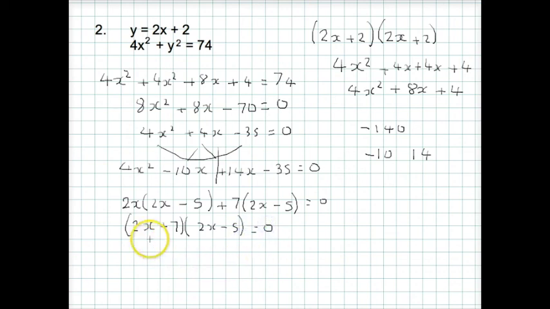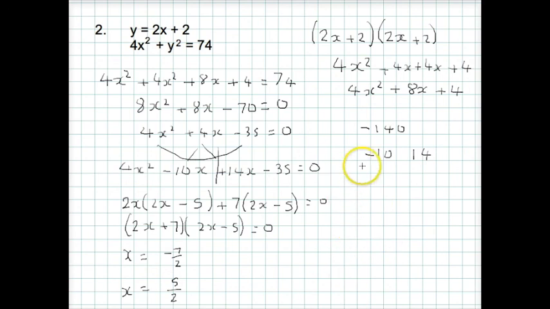If we solve those, first one, 2x is going to equal minus 7. So x is going to equal minus 7 over 2. And for the other one, x is going to equal, if we take the 5 over, it becomes positive. So x is going to equal 5 over 2. Then we need our y values, so we have to substitute this value for x back into the first equation.